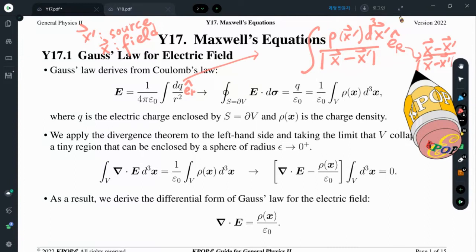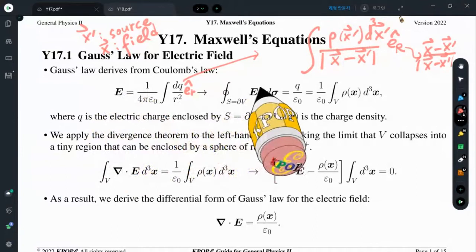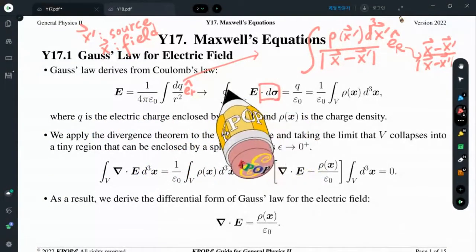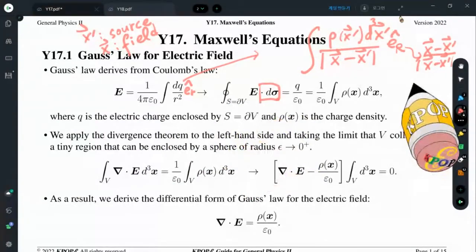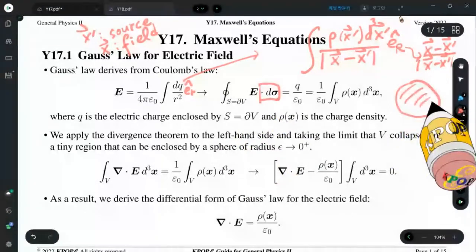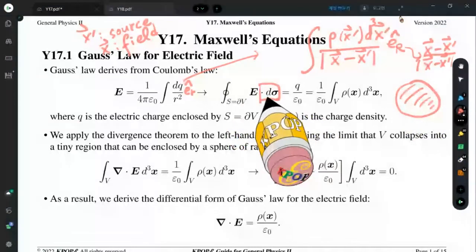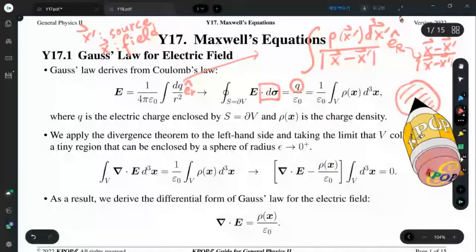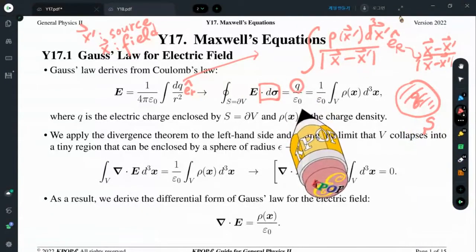Okay, so if we integrate this electric field multiplied by the differential surface area over this closed surface surrounding a charge distribution over space, then the value is equal to the charge enclosed by the closed surface divided by the permittivity constant of the vacuum.